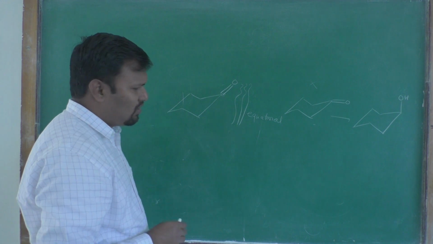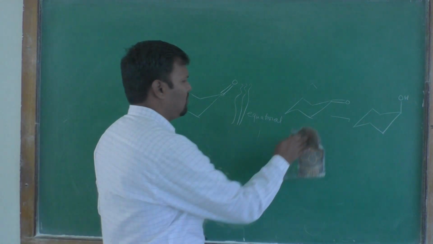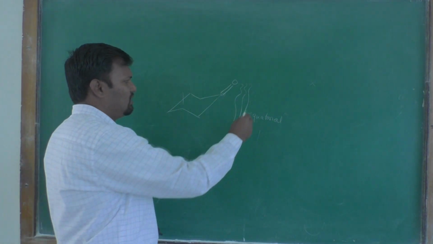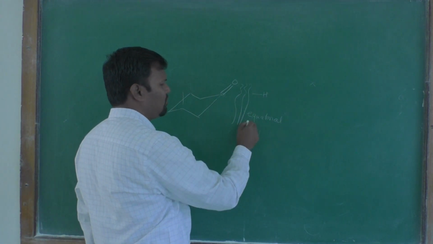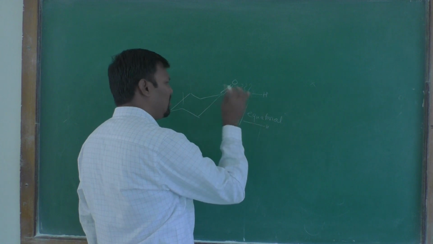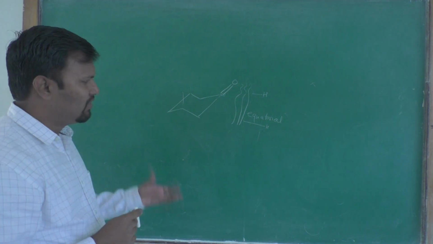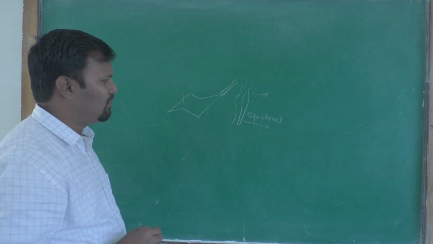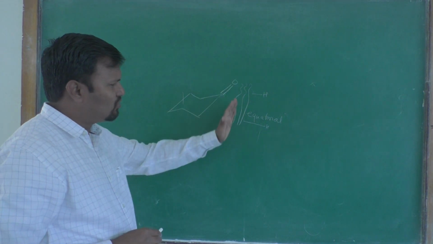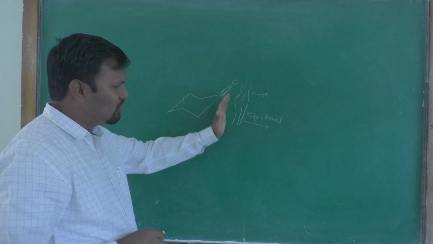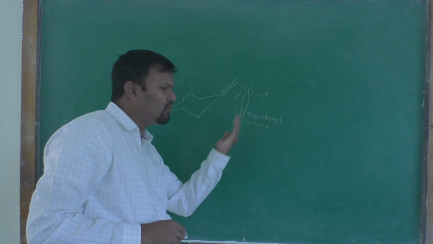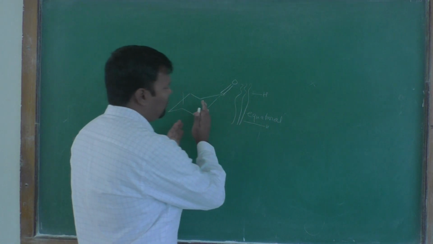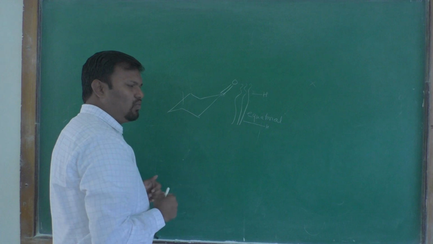Now after the adsorption of the catalyst on the equatorial side, the hydrogen also approaches from there, because we know that our reactant will adsorb on the catalyst and then react and give the product. Firstly the catalyst adsorbs from the equatorial side, and then hydrogen approaches from the equatorial side.